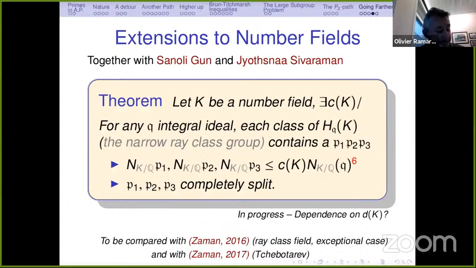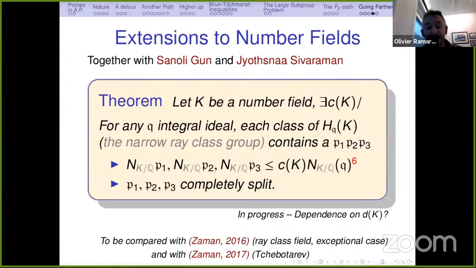Because we have this new way of handling congruence classes, we wanted to see what was happening in a different setting. With Shaoli Gun and Joshua Sivaraman, we looked at what happened in the narrow class group H_Q. So the gist of the proof goes through, and of course you have specific difficulty to adapt the argument to a number field, and that's what is really interesting.